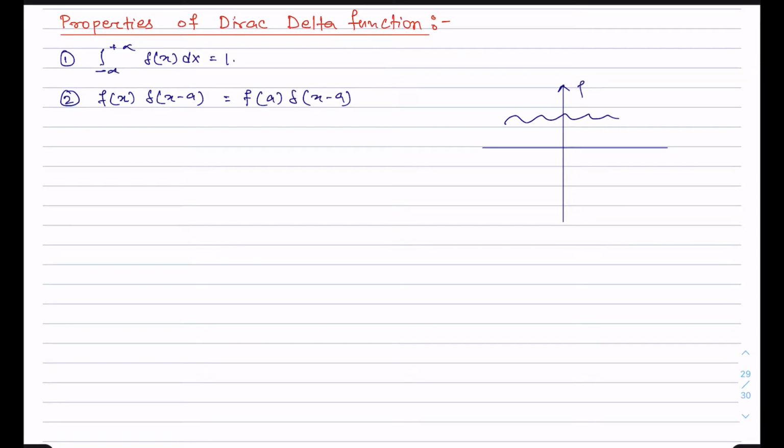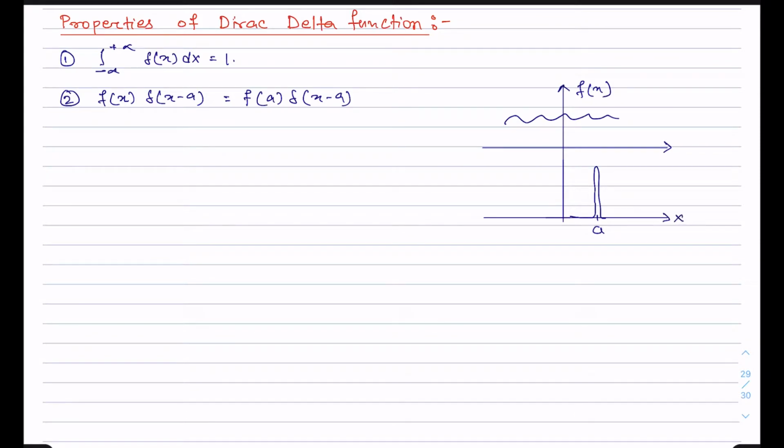This is f(x). Now let's consider a delta function defined at x equals 0. Say, in general, it is defined at x equals a. Now let's consider 3 points on the x-axis.